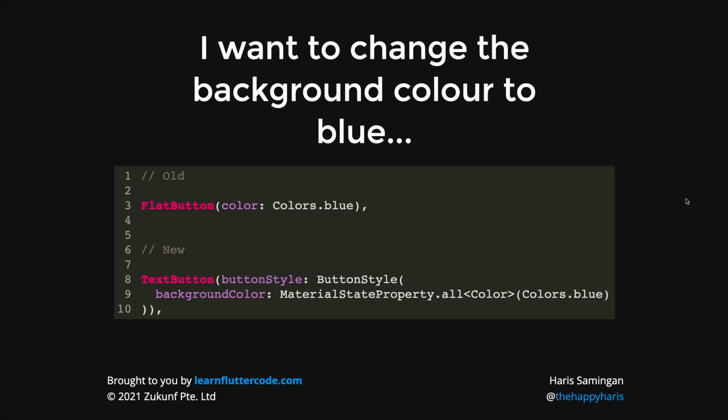Inside this button style object, you have the background color. And inside this background color, you will have to pass in MaterialStateProperty.all, and then we will pass in Colors.blue. So I'm going to explain what this new button style and material state property is.